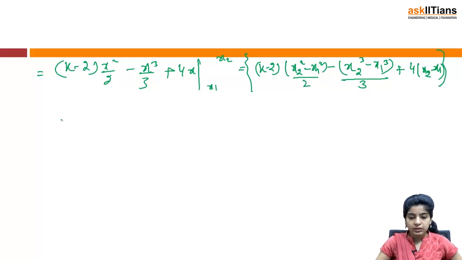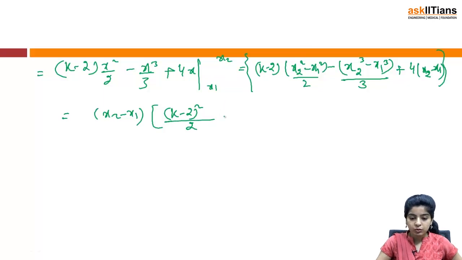Then what I can do is, I can just take x2 minus x1 common throughout. So I have (x2 minus x1) times [(k minus 2) whole square by 2, since x2 minus x1 taken from this will lead to x2 plus x1, and x2 plus x1 is k minus 2.